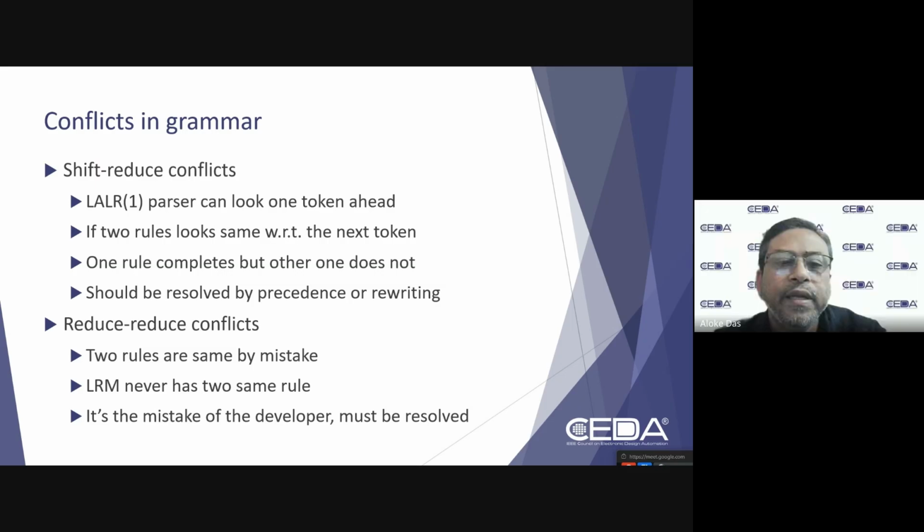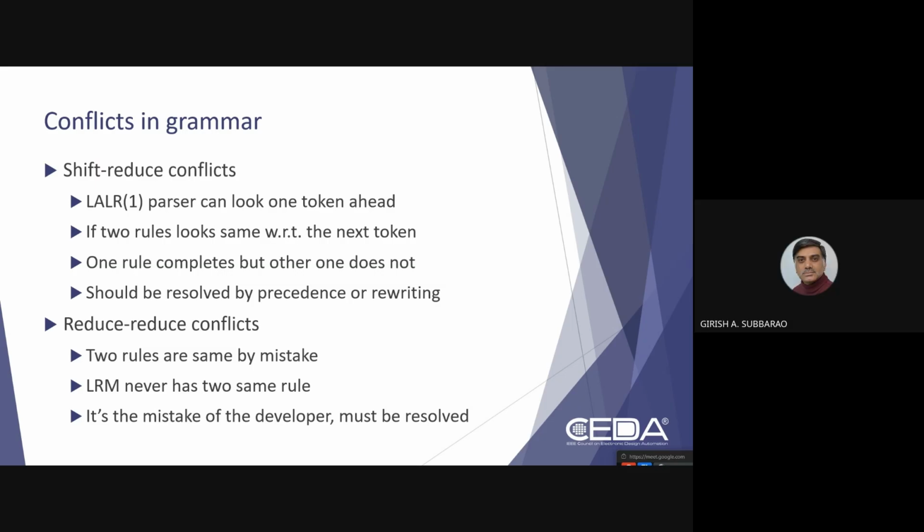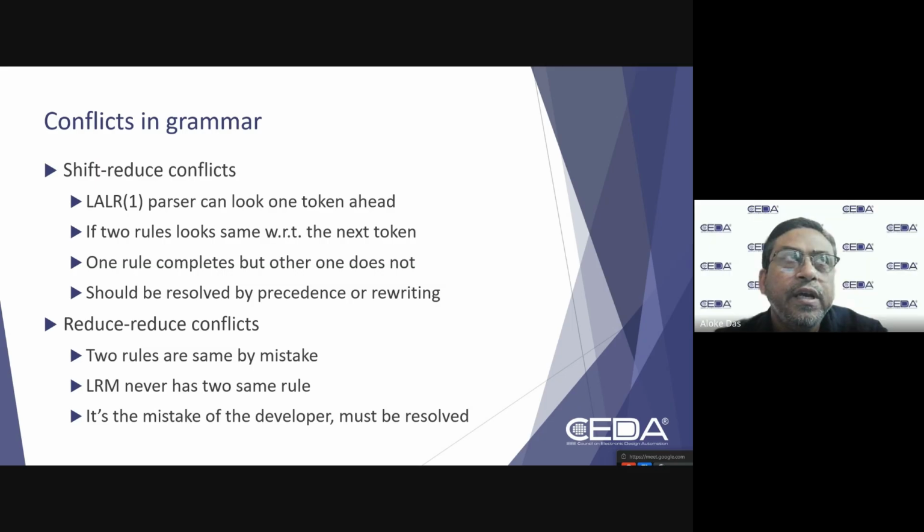See, if you look at the factorial case, factorial 5 means 5 into factorial 4. What is factorial 4? Factorial 4 is equal to 4 into factorial 3. So we can write one function factorial n, and inside the function we call that same function again, but with a condition that if n equals 0, do not call it.